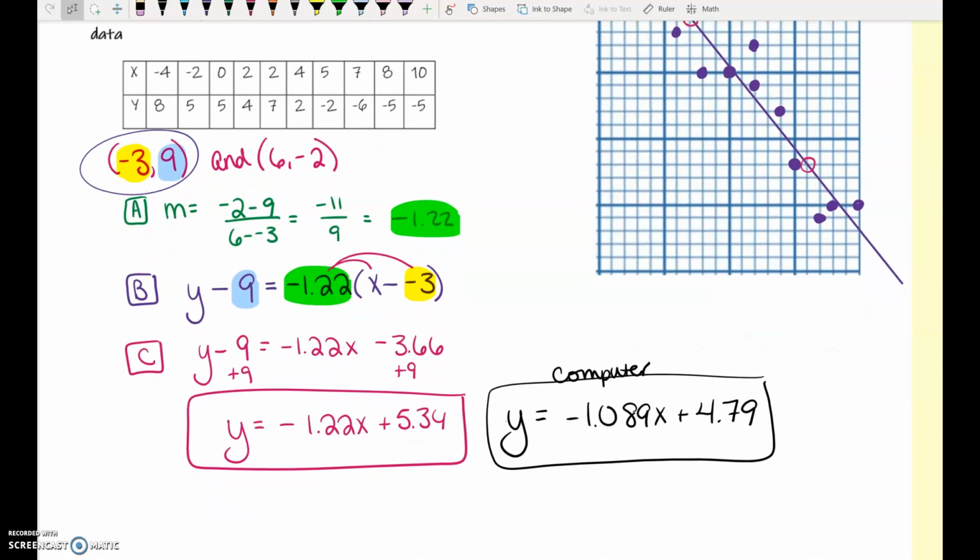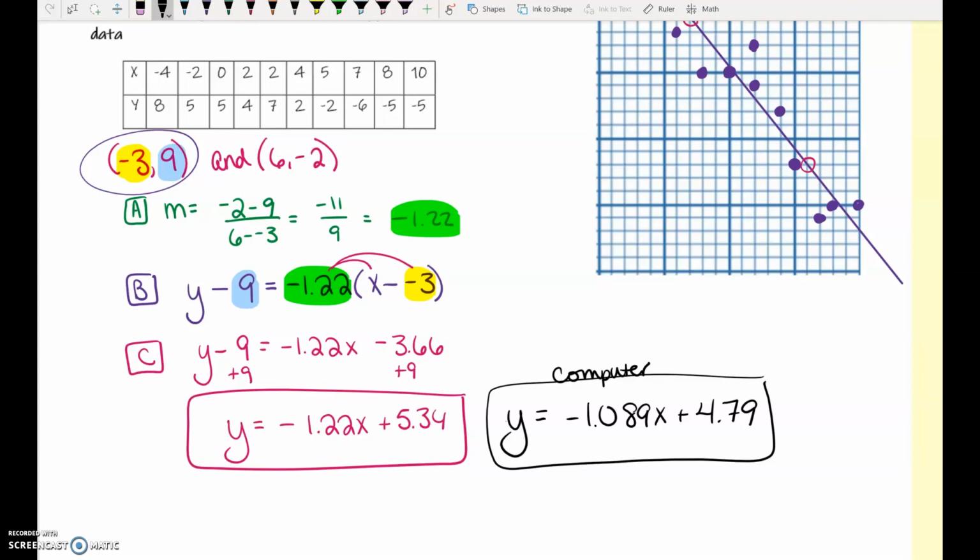So the computer says that the best slope is -1.089 and that the y-intercept should be 4.79. So my y-intercept is a little bit high. I probably should have lowered my line a little bit. And it looks like my slope was a little bit too steep. We should have lessened it out a little bit.